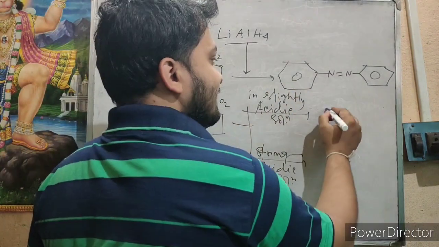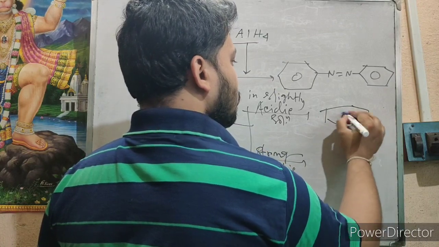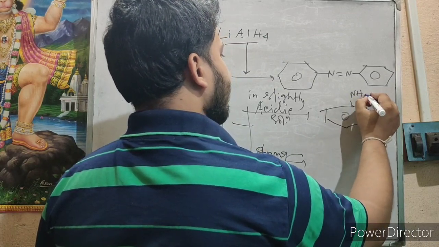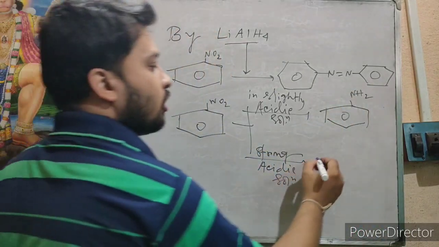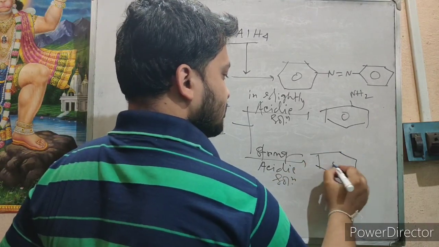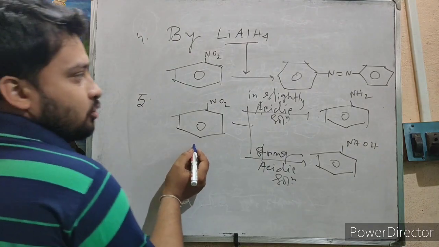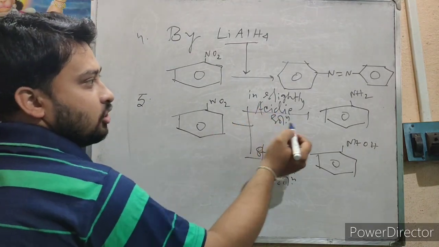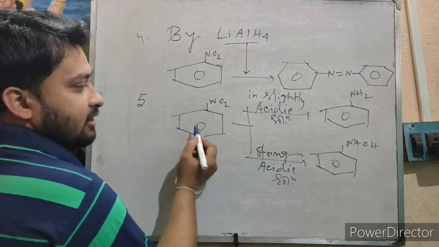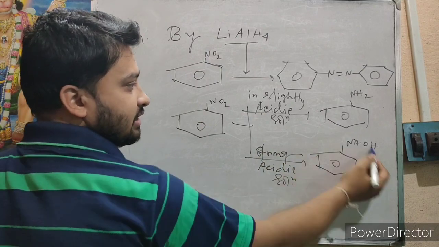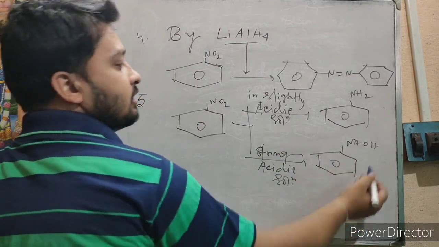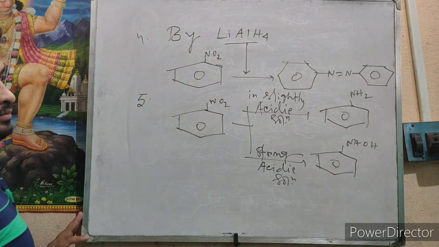In slightly acidic solution, it gives you NH2. In strong acidic solution, it gives you NHOH. So nitrobenzene in slightly acidic solution gives you aniline. Nitrobenzene in strong acidic solution gives you NHOH. Okay.